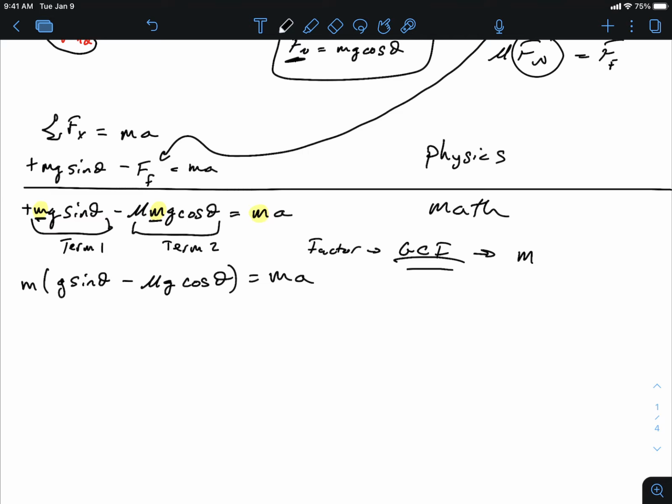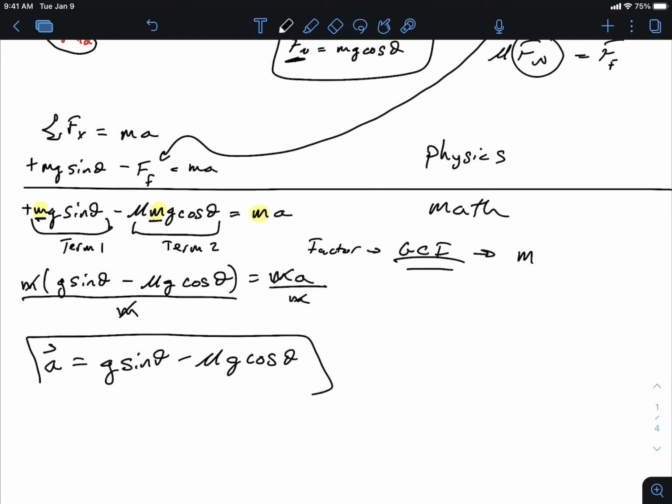Now, what happens if I divide both sides by mass? So the acceleration is equal to this. Now, that looks scary, and I know I scared some of you, looking at that and going, why hasn't he plugged in the numbers? I didn't plug in the numbers for a couple different reasons, and I think we've discussed some of these.